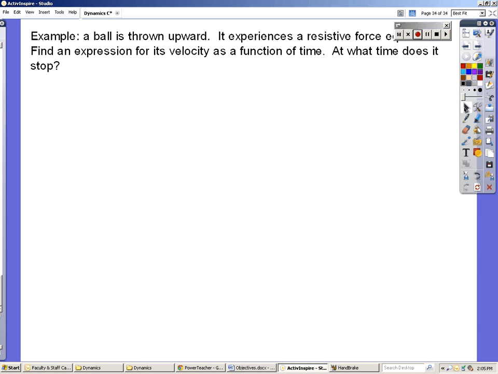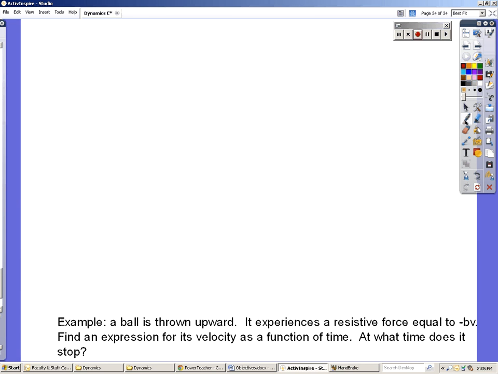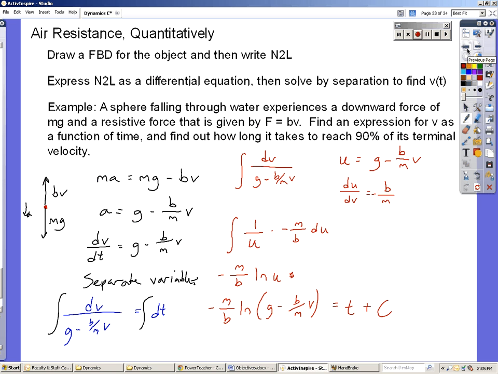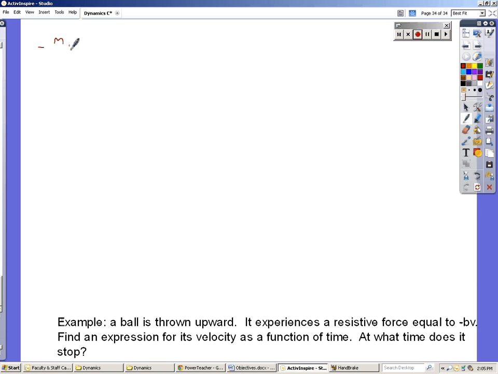So we'll write down what we had there. Negative m over b times the natural log of g minus bv over m equals t plus c. The first thing we'll do is multiply by b over m.